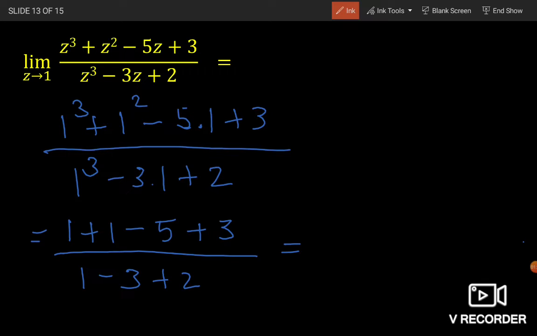So you have 1 plus 1 is 2, plus 3 is 5, 5 minus 5 will give you 0, all over 1 plus 2 will give you 3, plus negative 3 will give you 0. So 0 over 0, meaning it's indeterminate at z equal to 1. So obviously it's not defined at z equal to 1. So we have to solve it in a different way in that case.